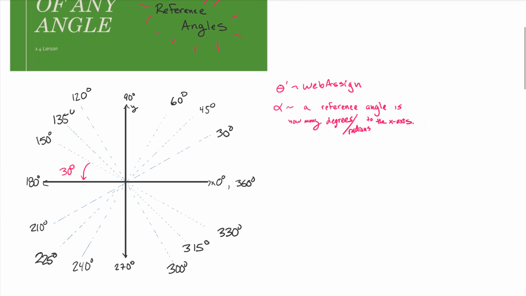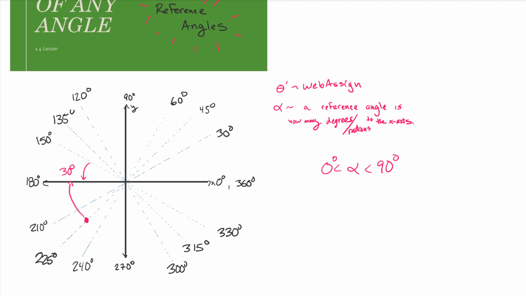Let's go here. We're at 225. How many degrees to get back to the x-axis? The nice thing is reference angles are between 0 and 90 degrees. But this is a technicality. Again, I'm misspeaking, but for the nature of solving trigonometry, I might be a little bit off technically.